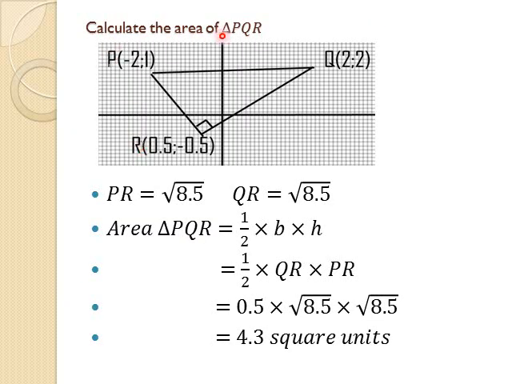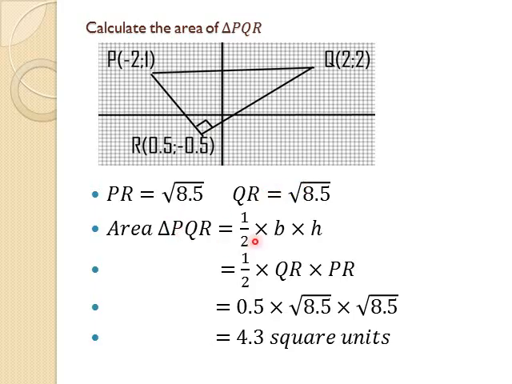There they say calculate the area of triangle PQR. There's P minus 2 and 1, Q 2 and 2, and R 0,5, negative 0,5. So we've proven that the angle where PR and QR meet is 90 degrees. We know that PR equals square root 8,5 from the previous calculation, and QR equals square root 8,5.